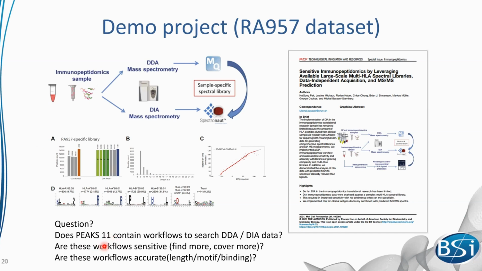The second question is, if it can process them, how about the sensitivity? Can you find more peptides and cover more than reported? And then there is the accuracy. Usually we check the peptide length, motif, and the binding affinity ratios to see if your result is good.